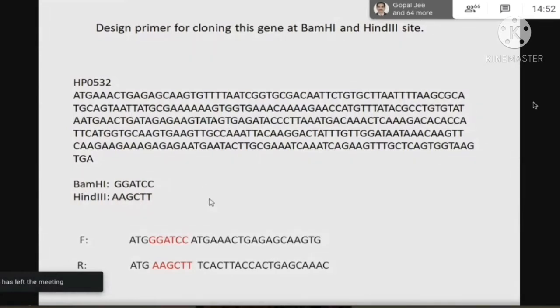Suppose you are digesting with BamHI, even 2 extra nucleotides are sufficient. But suppose you are digesting with NdeI, then 4-5 nucleotides are required. Some enzymes are so robust that even with smaller extra sites, they can digest your DNA efficiently.